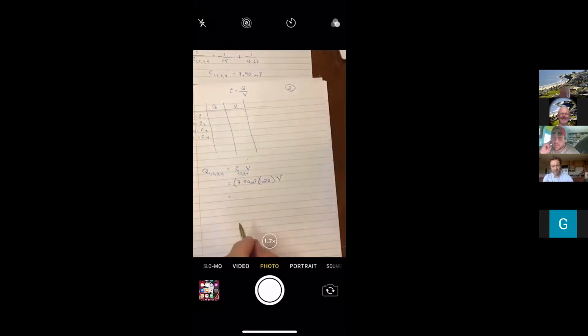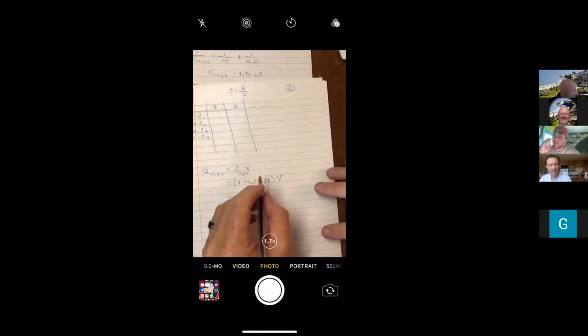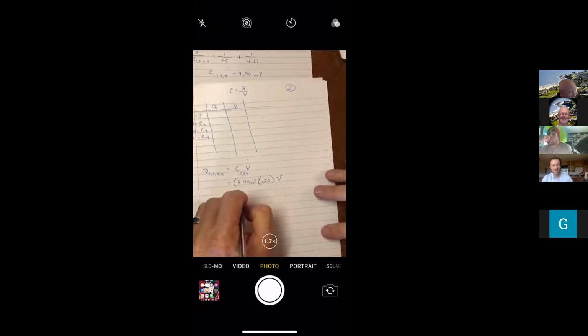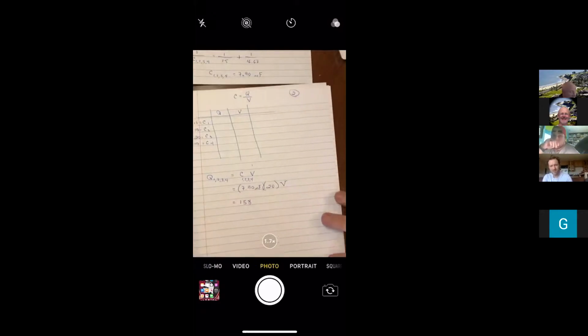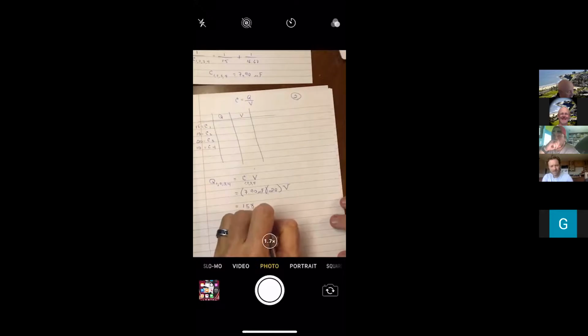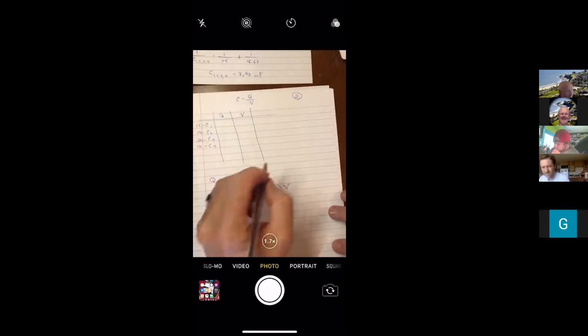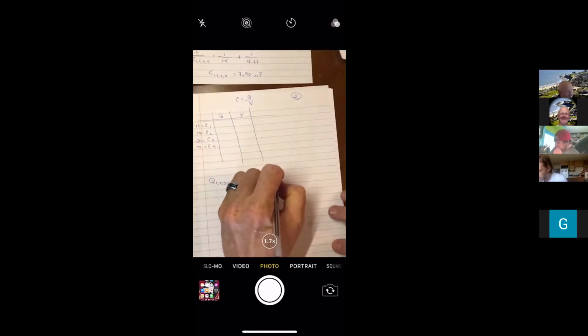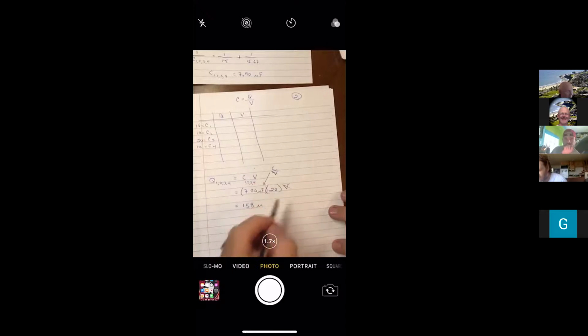Well, okay, so let me talk about that, but let me just do this calculation. Okay, so this is 158, and I'll leave the micro alone. So there's the micro, and remember, a farad is a coulomb per volt, so that volt would cancel with the one from the 20 volt battery, and so there is the charge.